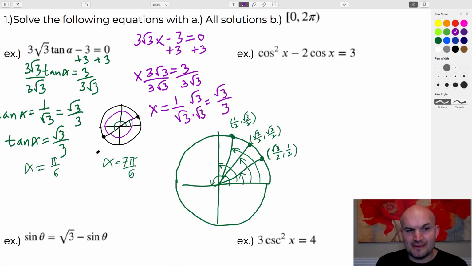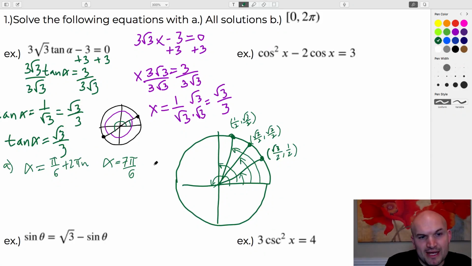One thing I showed my students is, if here are my two angles, we have two terminal sides that create a point that has an angle as a solution. If you keep on adding 2 pi to both of those angles, you're going to get all the solutions: pi over 6 plus 2 pi n and 7 pi over 6 plus 2 pi n. And that is correct, right?